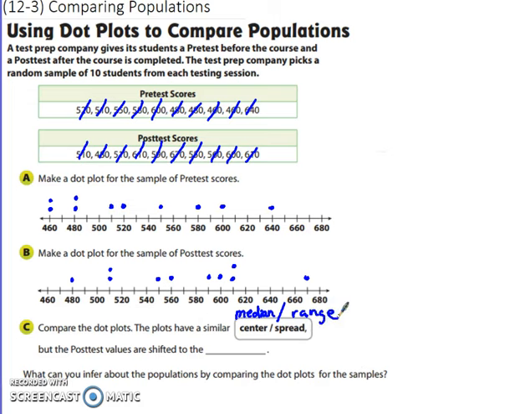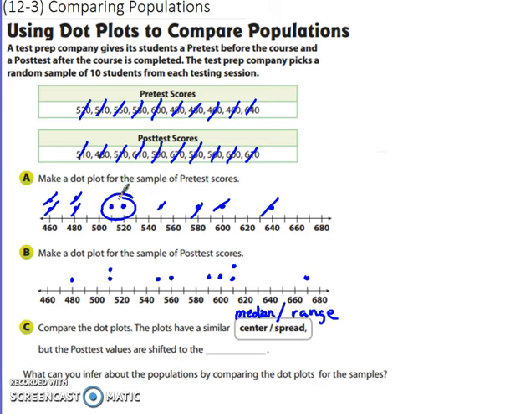All right, so if I was going to find the median, I have to cross off till I get to the middle. So let's do that for the pre-test. 460, 640. 460, 600. 480, 580. 480, 550. And we have 2 in the middle, so we are going to circle the 2 in the middle.